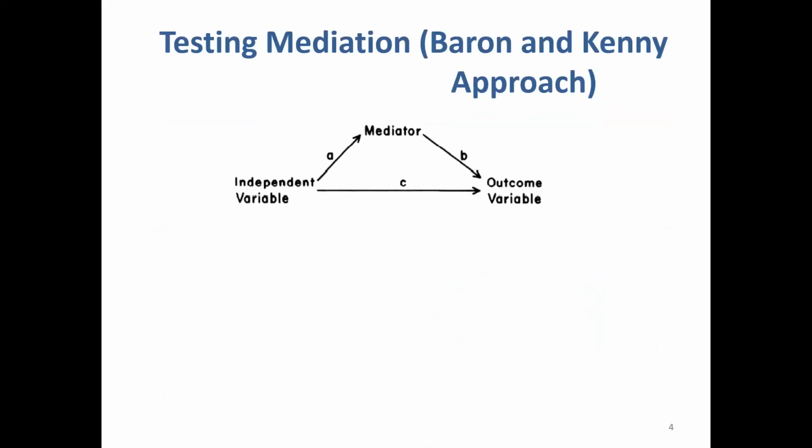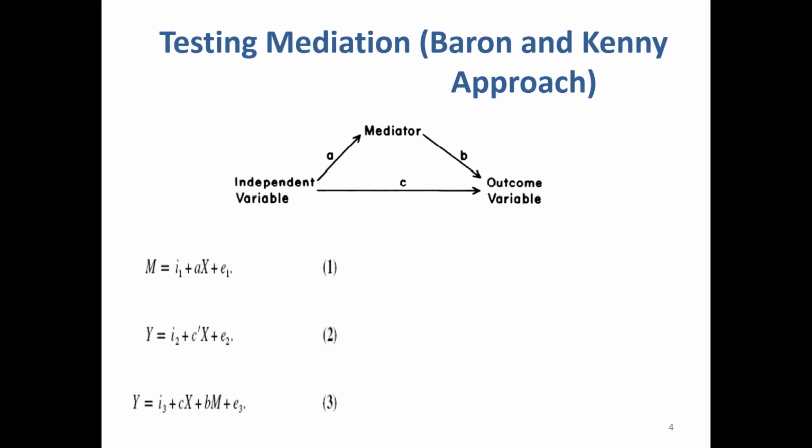This is the diagram we are talking of. We run a series of regression equations, in fact 3 equations, which help us to test that. First, X is the independent variable and M is the dependent or outcome variable.